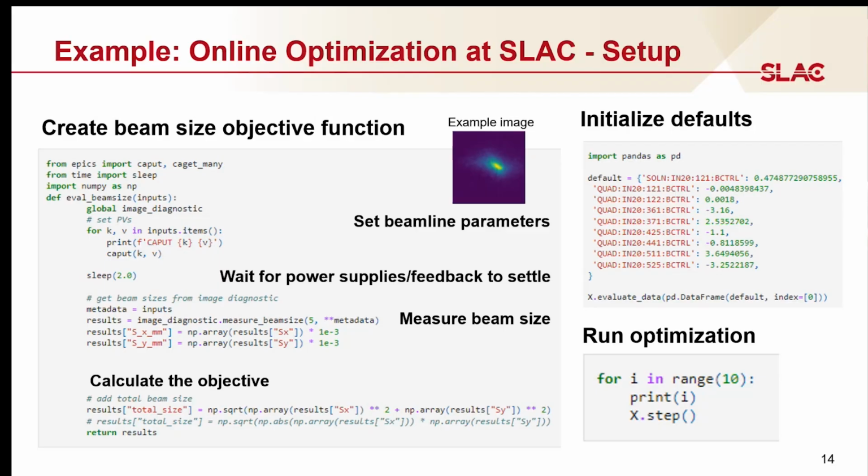And then we do some post-processing to calculate our objective of interest. And this all happens within our objective function. And then when we want to run our optimization, we start by initializing our defaults with, for example, the current machine settings, and then we run the optimization using this for loop.